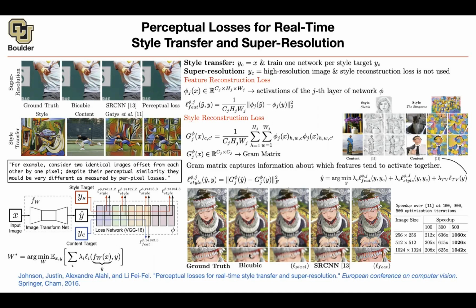In this case, are we training both the parameters of the image transform net as well as the loss network, or is the loss network just giving us a penalty that then applies to what our image transform net spits out? The loss network is fixed. There is no training on that. There's no training ever.